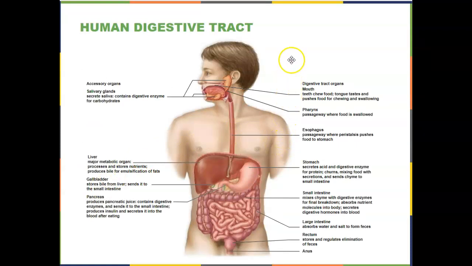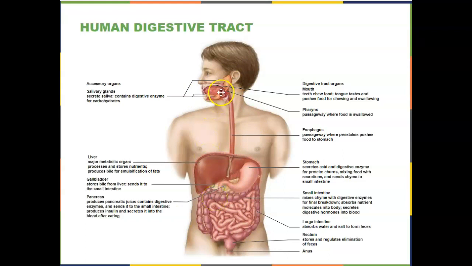All right, one of y'all's requirements for this unit is that you do know and are able to enumerate the components of the digestive system of a typical vertebrate, and knowing your own is what you're particularly required to know right here.